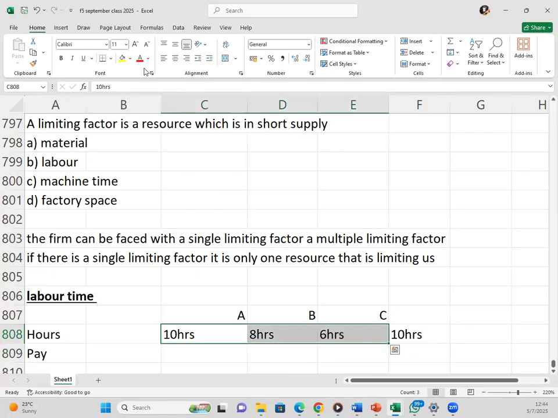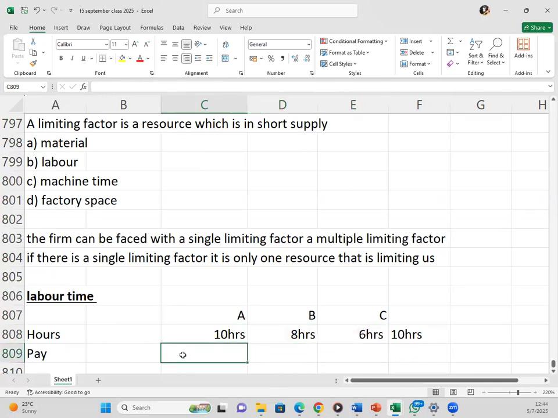So the problem here is that the time you have is not enough for you to work for A, B, and C. You'll be faced with a decision to choose one company or two companies, but leave out the other. This is the situation we'll be faced with in limiting factor.